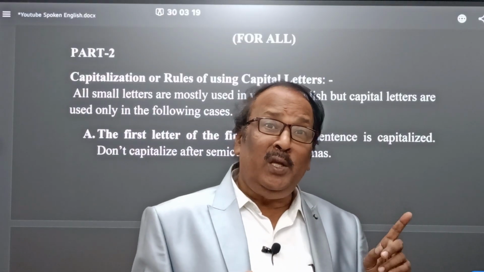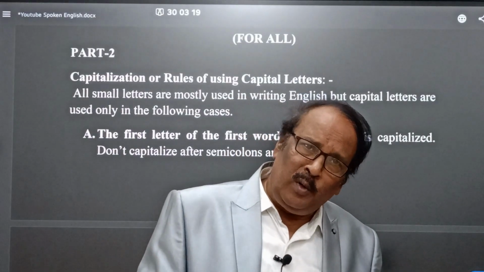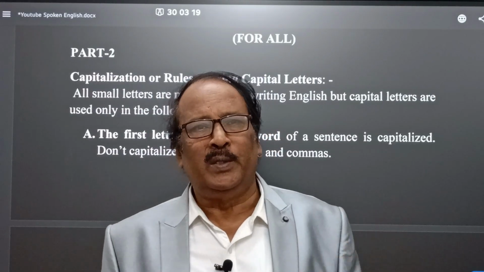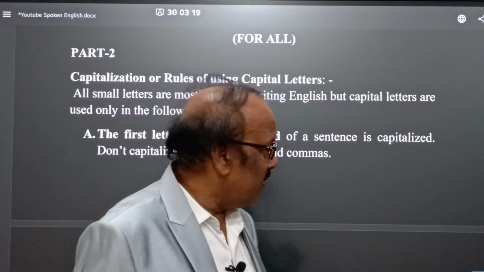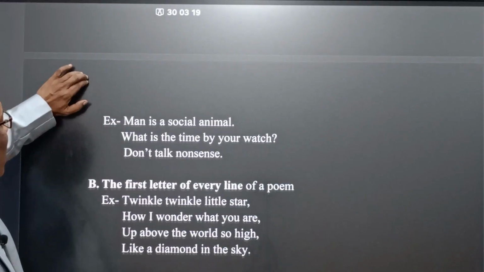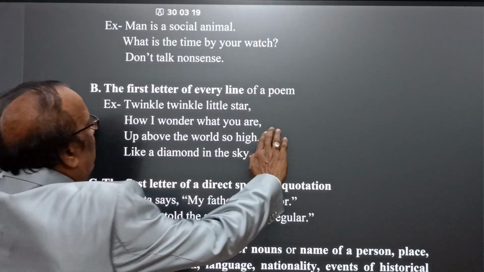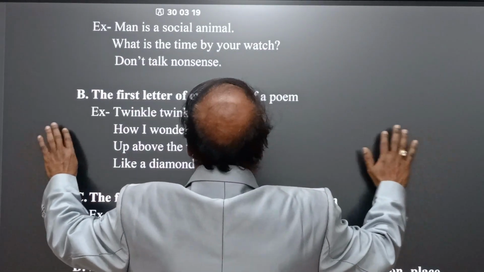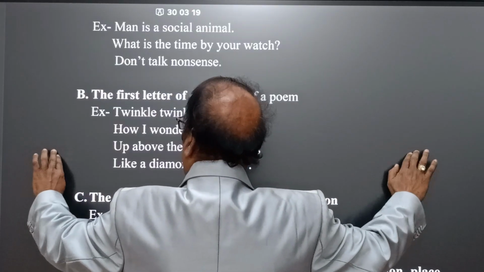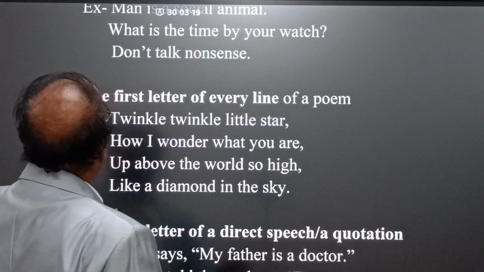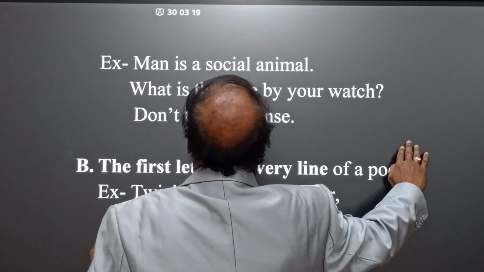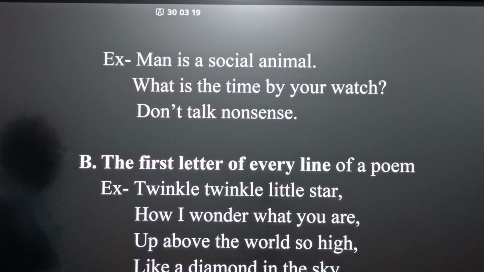But at the beginning of each sentence, whether it is simple, compound, or complex, the first letter must be capital. Here are some examples: Man is a social animal.